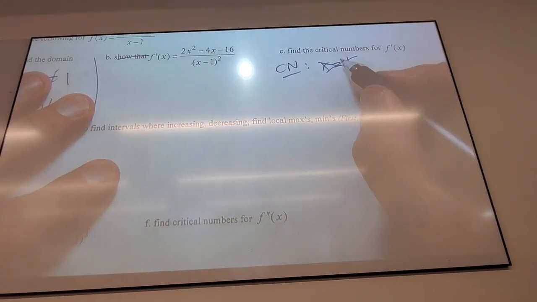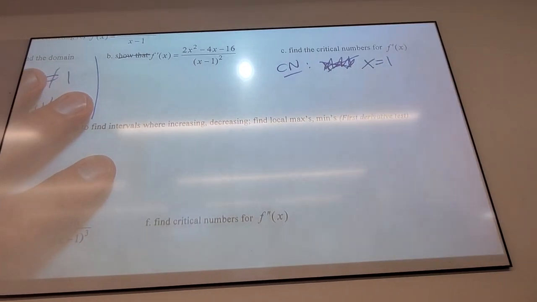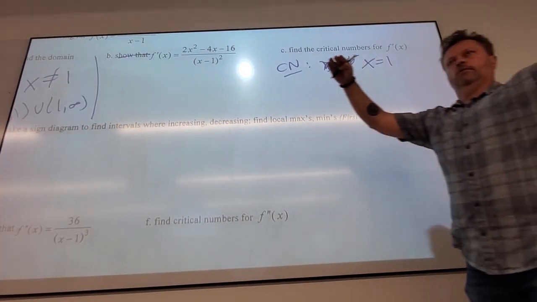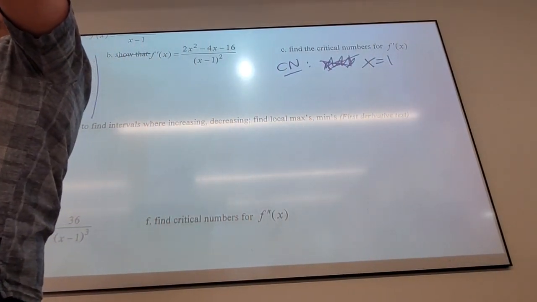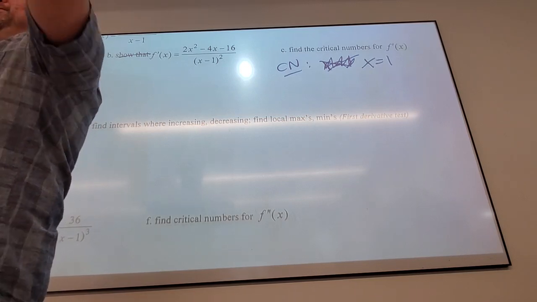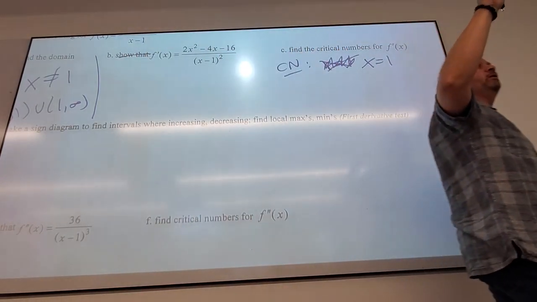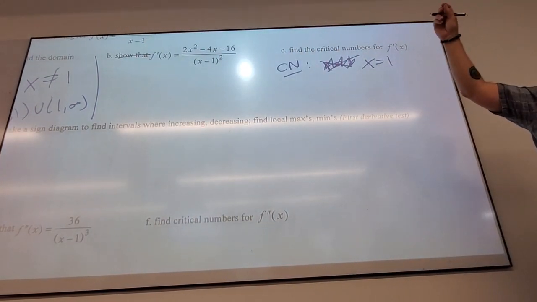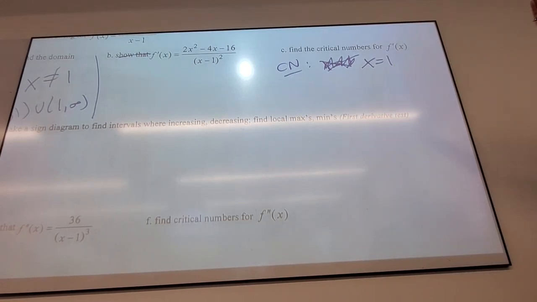At the same time, we are still going to use it, because couldn't the function be going down on one side and down on the other side also? But couldn't it also be going up on the other side? So we still have to consider it as a critical number. It's just not going to be the location of a point, because it makes the function undefined. But I could still have a changing slope on both sides, down to up.